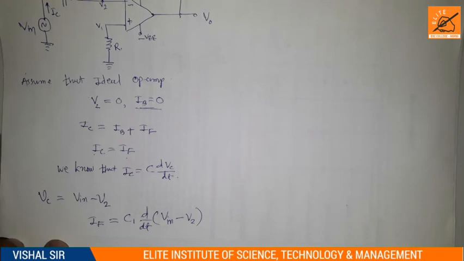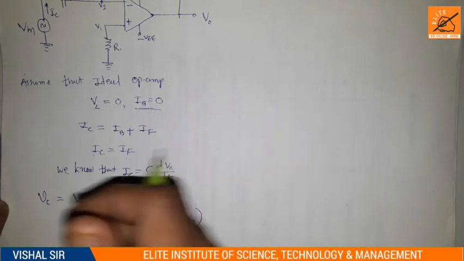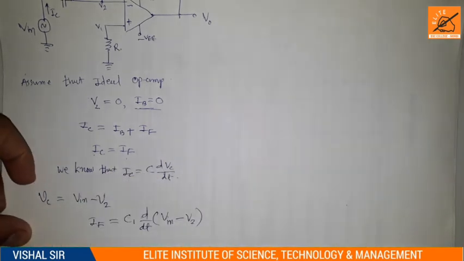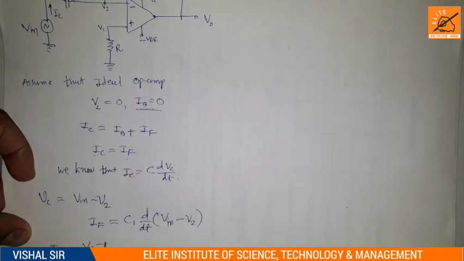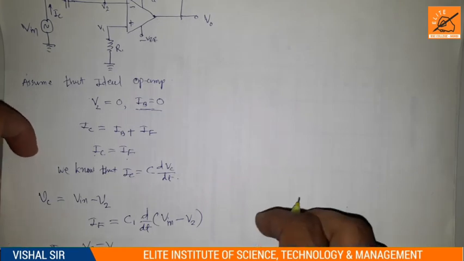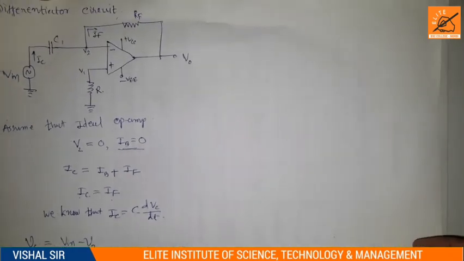Now to obtain the expression for the current IF, we can write IF is equal to V2 minus V0 upon RF. This will be the equation for the current.